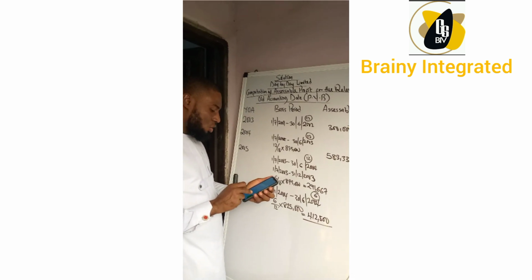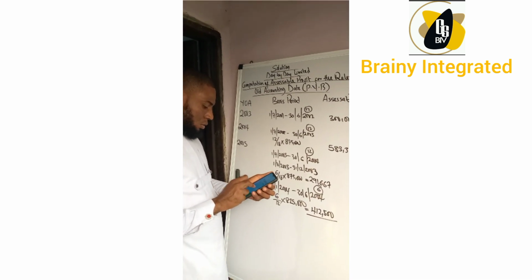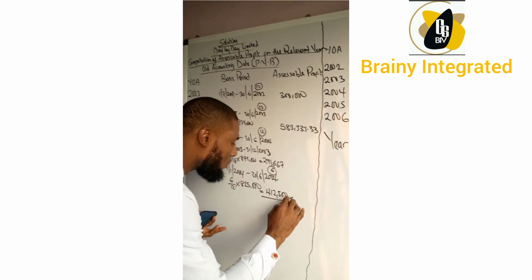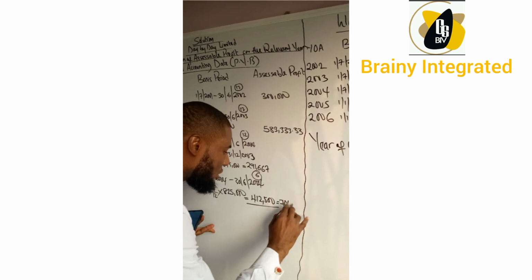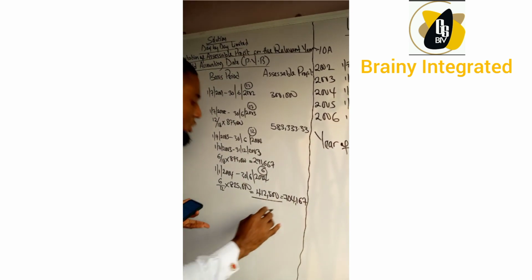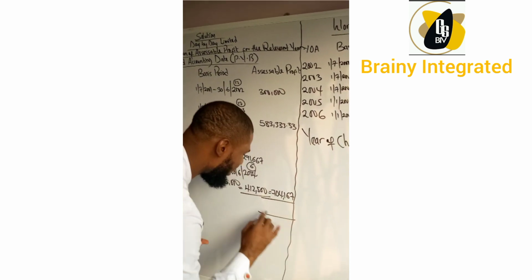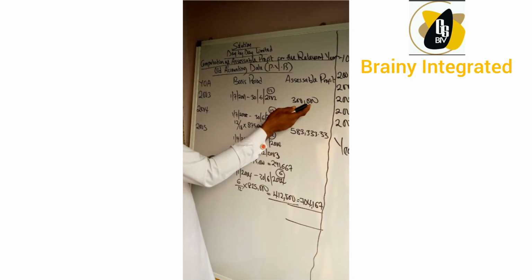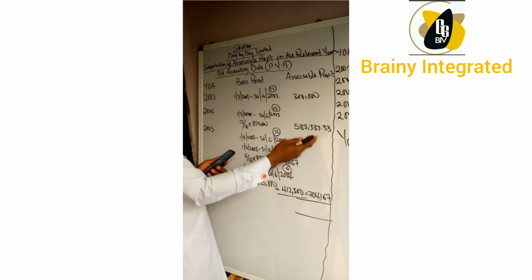So the assessable profit for this year of assessment is the addition of this and this. If we add it up, that will give us 704,167. So I'm now going to add up the total that I have. I'm going to add up the first assessable profit, the second, and the third.